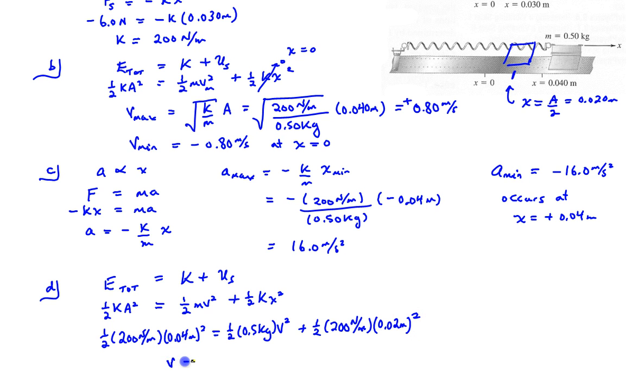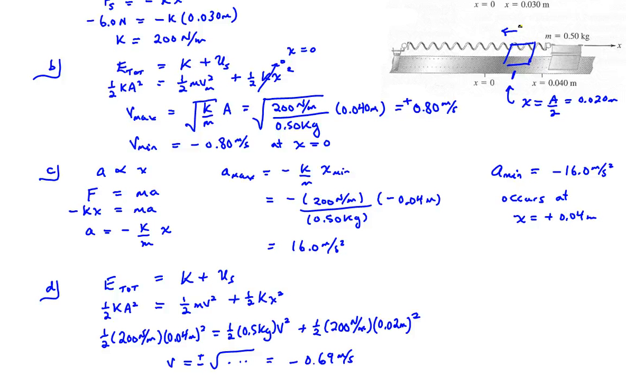And so when we solve for this, you'll get a plus or minus of some square root, and when you plug it into your calculator, you should get negative 0.69 meters per second. We chose the negative because when the object is at half of the amplitude, it is moving to the left. So that's why we have a negative velocity here.